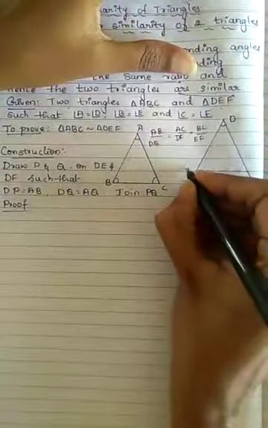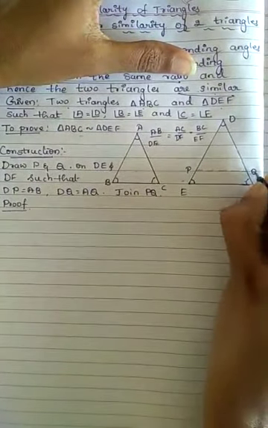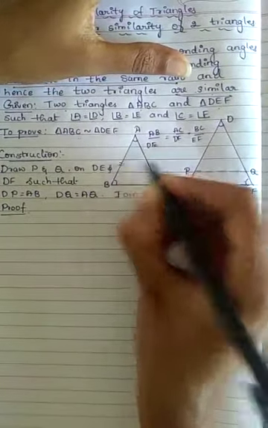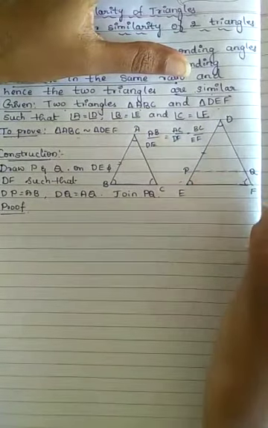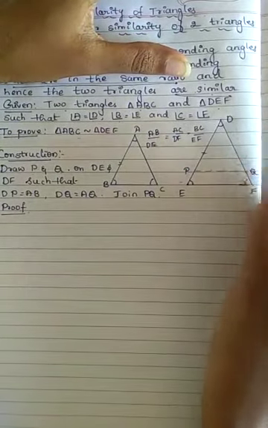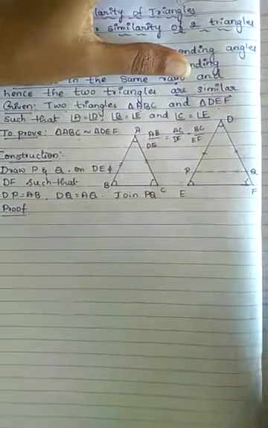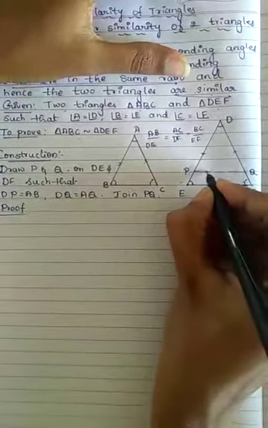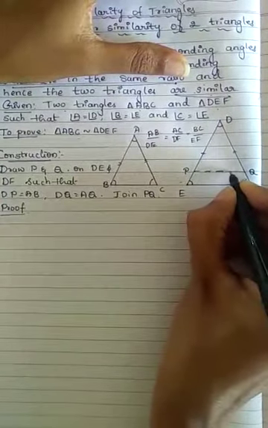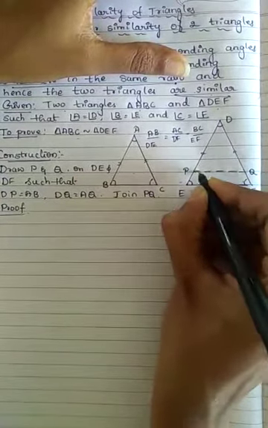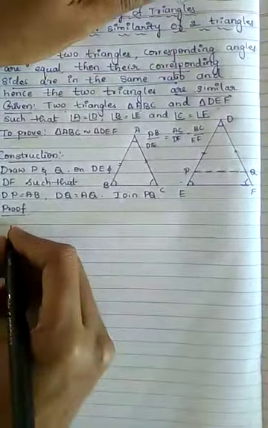So this is your construction: PQ such that AB is equal to DP, these two sides are equal, and DQ is equal to AC, these two sides are equal. So you have to construct such a line.